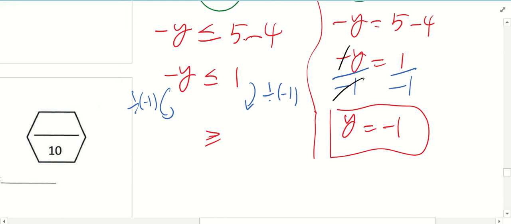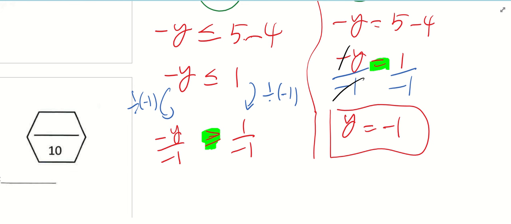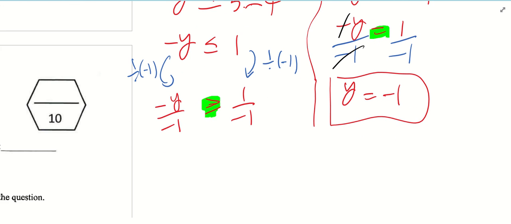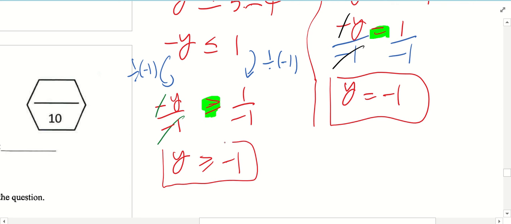So negative y over negative 1 is greater or equal to 1 over negative 1. The difference between an equation and an inequality is that we have to take care of the inequality sign when we deal with dividing or multiplying by numbers, especially negative numbers. Here I can carry on doing the usual cancel, and I'm left with y greater or equal to negative 1. And we're done.